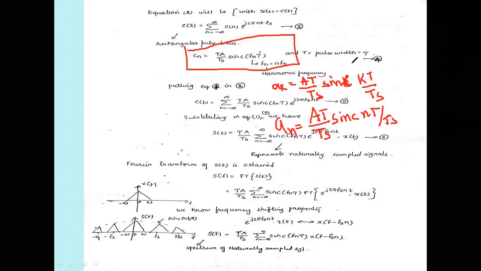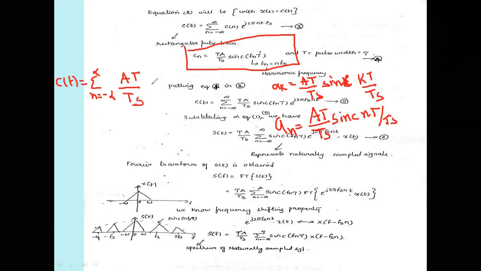Now substituting this equation 4 in the equation 3, whatever we got the Cn here, that is C of t is equal to the sum of n is equal to minus infinity to infinity. What is the Cn? We got A T by the T naught or the Ts. Here they are assuming the Ts.